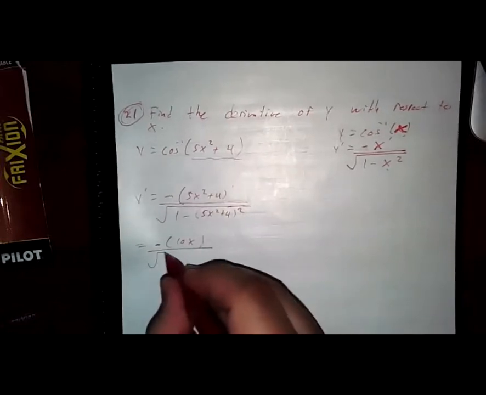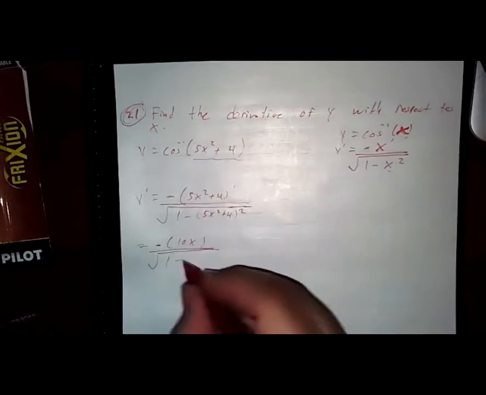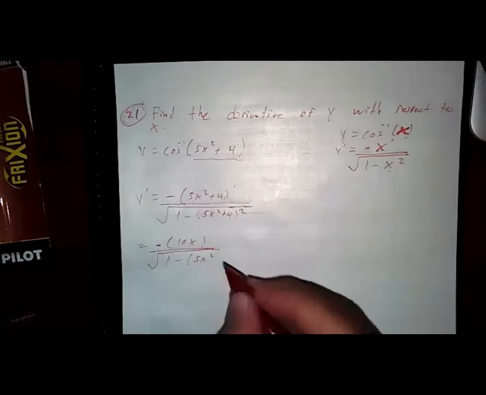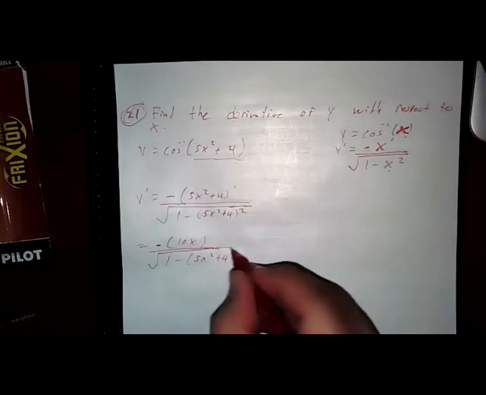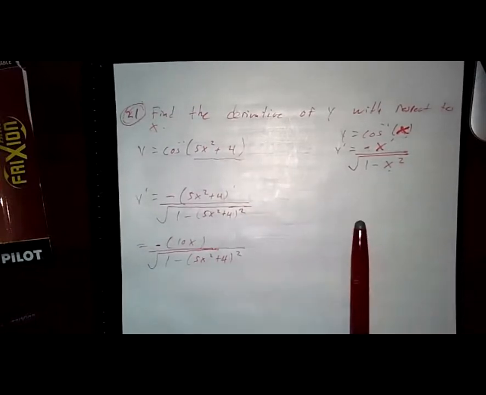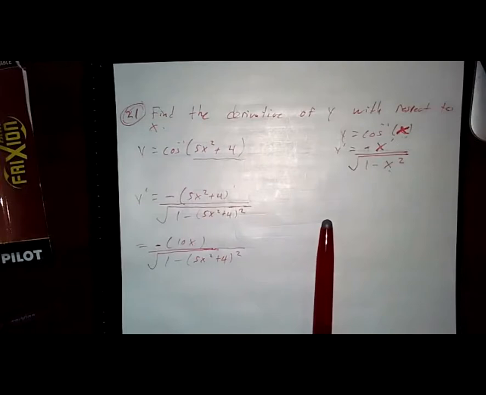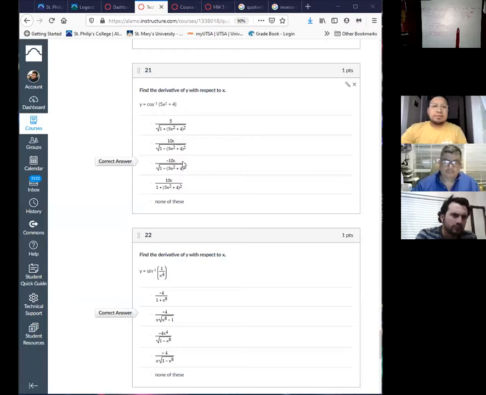Over the square root of 1 minus this weirdo argument. The inverse trig derivatives are not too bad because the formula does the heavy lifting for you. So there it is, negative 10x.